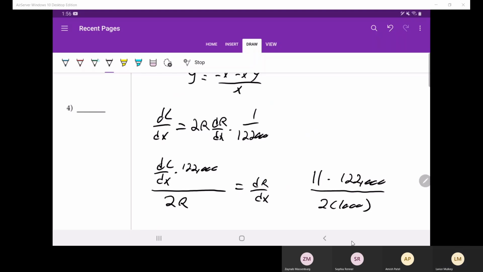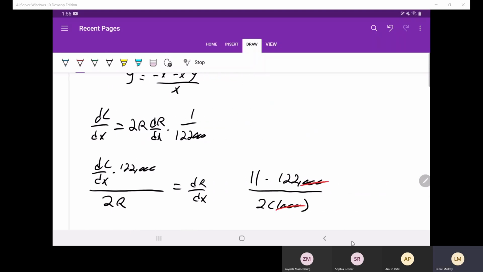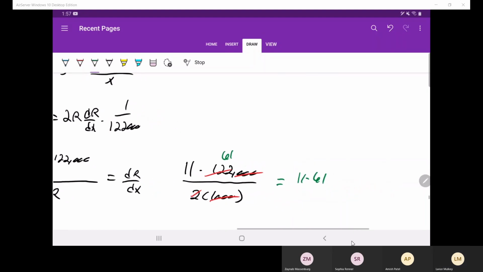Well, if you want to simplify, this looks like a lot to do in your head. This 1,000 cancels out these 3 zeros right here. This 2 and this 122 cancels out to 61. So now it just equals 11 times 61, which equals 671.